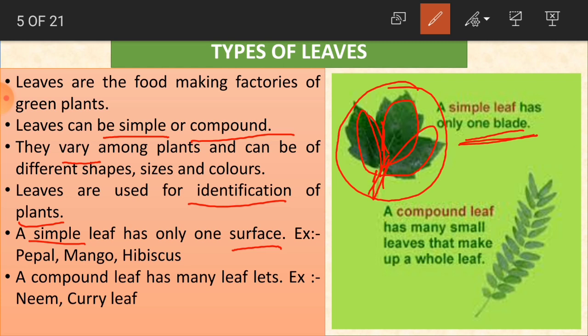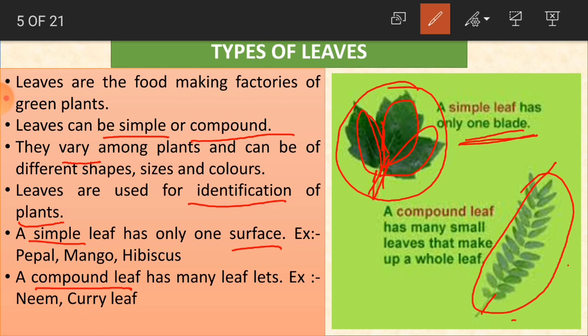A compound leaf has many leaflets, for example neem and curry leaf. Observe the picture here. For a single blade here, it has so many leaves. This is a curry leaf actually.